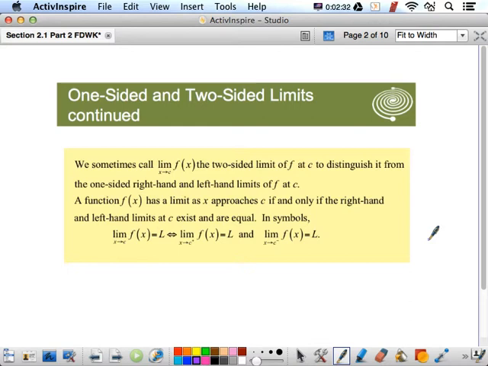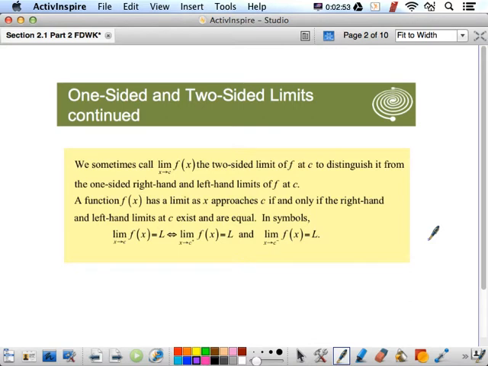Got it? Okay. And we know that because one of the ways that a limit is destroyed and doesn't exist is when there's a jump. We can also say that the two-sided limit exists if and only if the left limit and the right limit are equal.